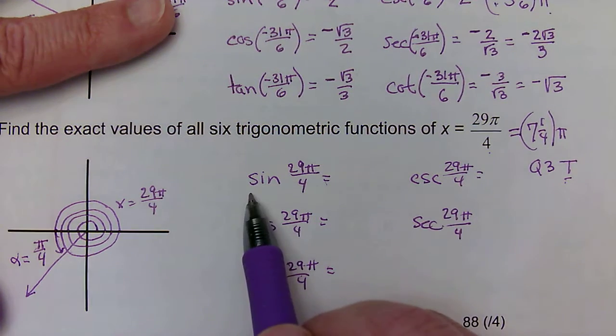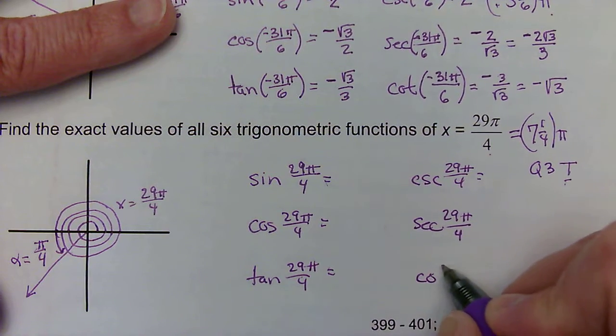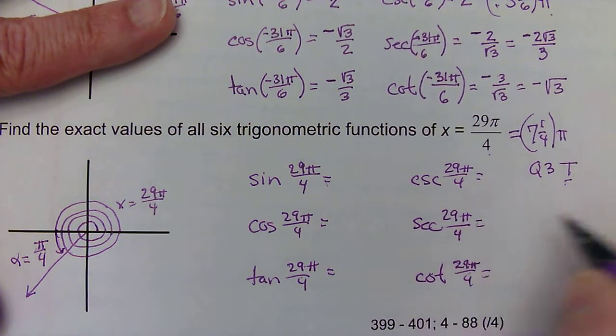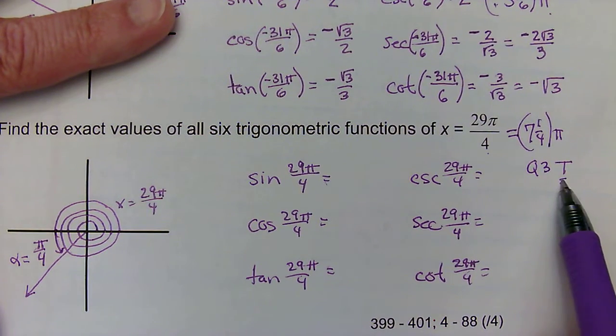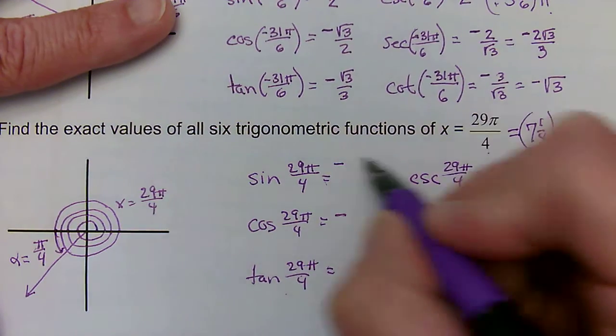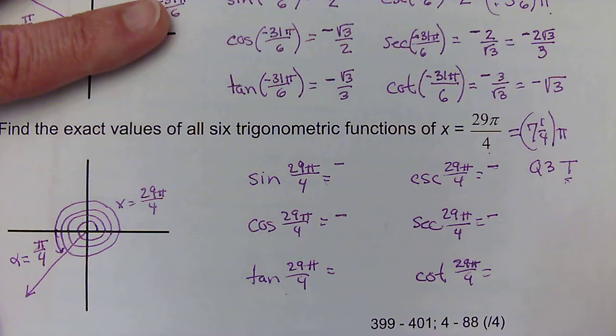Cosecant is the reciprocal of sine, and secant is the reciprocal of cosine. It's a little bit counterintuitive. Now, we already said tangent and its reciprocal are going to be positive, and all the rest of the trig functions are going to be negative. And now we just look at the values for pi over 4.